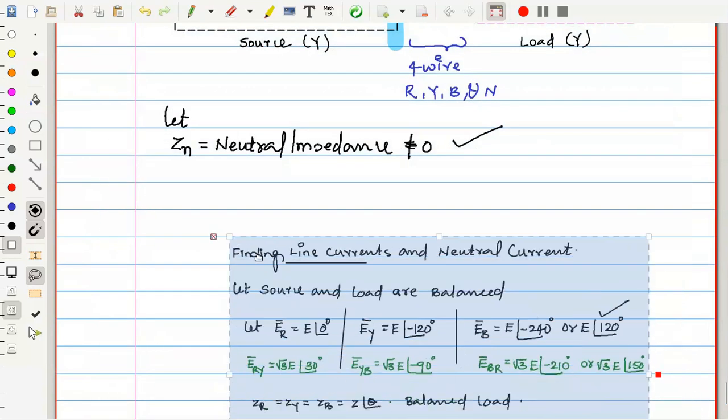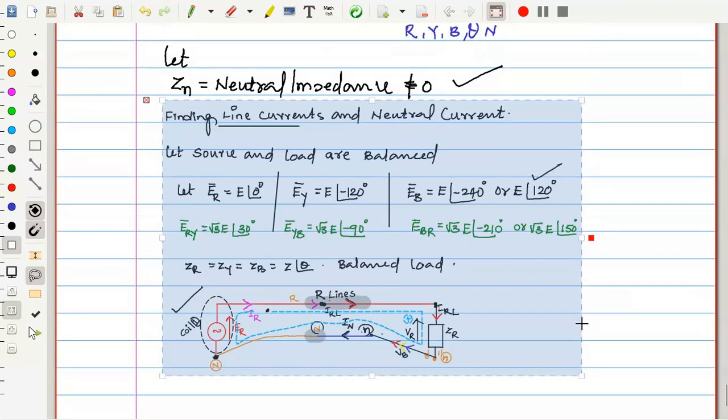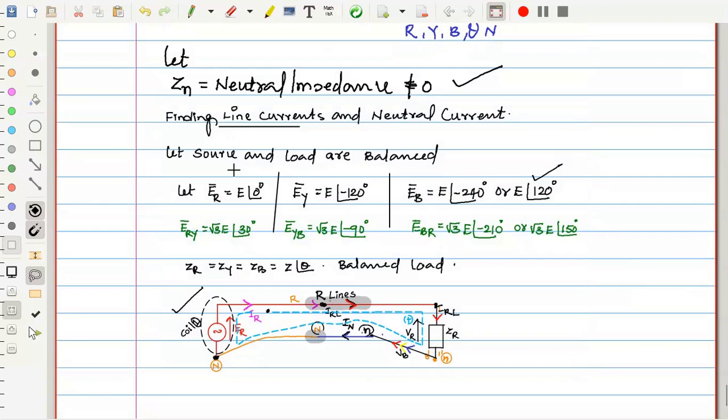So see that the objective is again finding the line currents and neutral current, and the source and load are balanced. Then the source voltages can be in this way and the balanced load impedances are in this way.